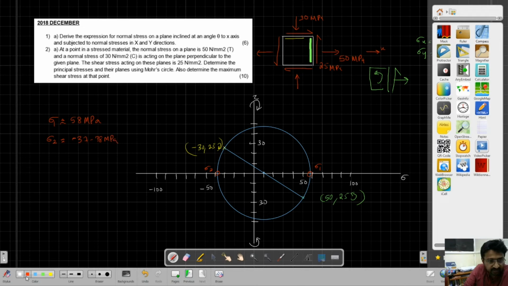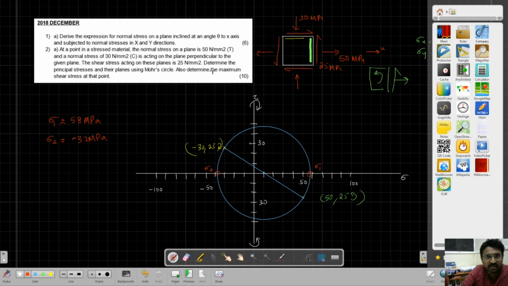So let's say it is minus 37 MPa. The better you draw the circle, the more accurate results you'll get. Don't worry, this approximate answer is enough for our exam. The center of the circle is an important point. Now we got the principal stresses from the Mohr circle.